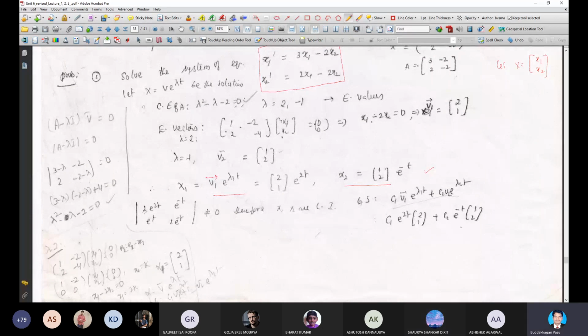Hence they are linearly independent. Then what is its solution? The most general solution is C1 x1 plus C2 x2. So C1 x1 is 2, 1 e power 2t and C2 x2 is 1, 2 e power minus t. So therefore this is x.